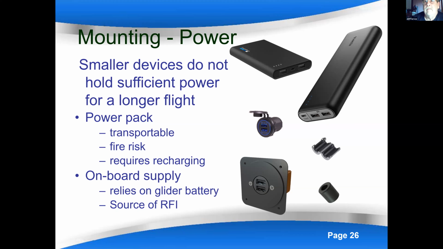The disadvantage of these ones is that they do rely on the glider battery, and your phone can put a fair drain on the battery, particularly if you start the flight with the phone uncharged.